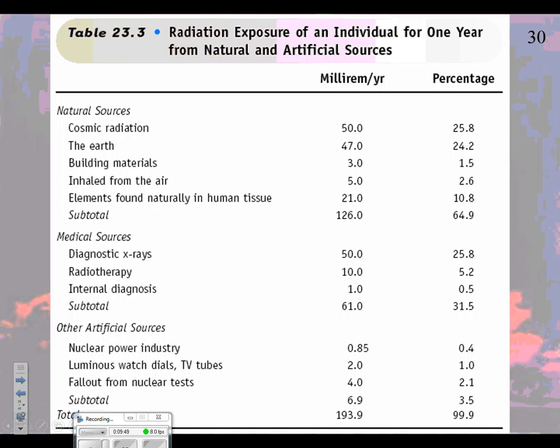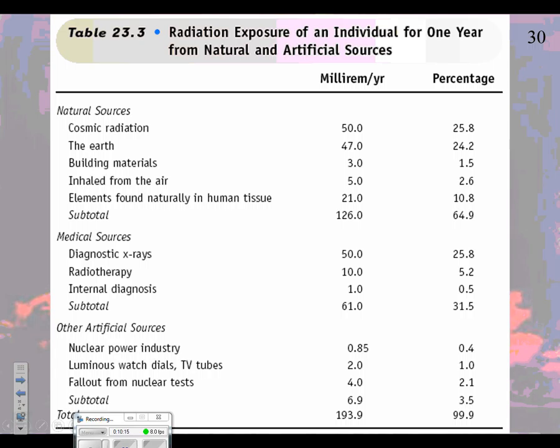Not a lot. Radiotherapy, this is more the higher dose therapy, is 10. Internal diagnostics, like if they're looking at your thyroid or looking at kidneys or looking at your bowel system, then you're going to probably get about 1. Subtotal about 61. Okay? Other artificial sources, nuclear power plant, 0.85.